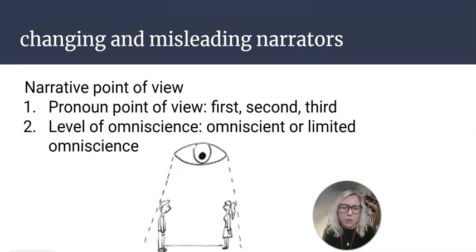And in this book, the very first chapter is actually in the third person point of view. So once you've determined if a narrator is a third person narrator, then you determine the level of omniscience. Omniscience means all-knowing. And so an omniscient narrator is all-knowing.